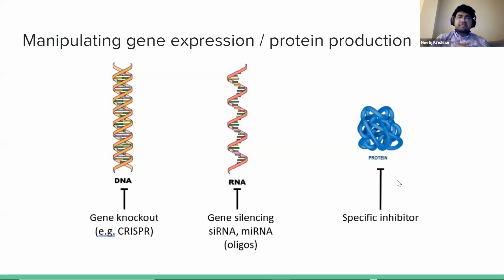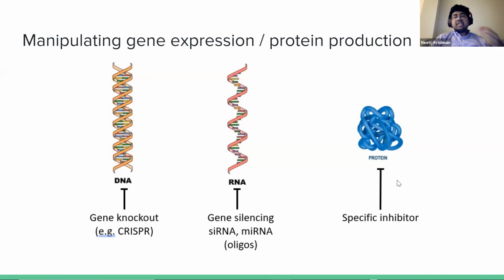but there's no protein. Now, another way of doing it, if you wanted to silence a gene at the RNA level, which is a lot easier experimentally than knocking out a gene, you could use siRNA or miRNA, which are basically oligonucleotides. It stands for small interfering RNA or microRNA. What they do is they bind to the RNA if they're complementary to it, and they will essentially tag it for destruction, preventing it from being translated.